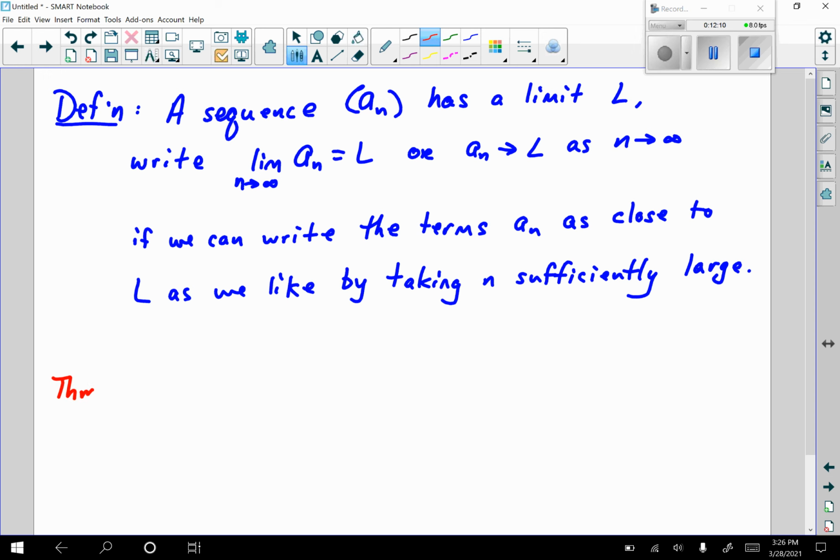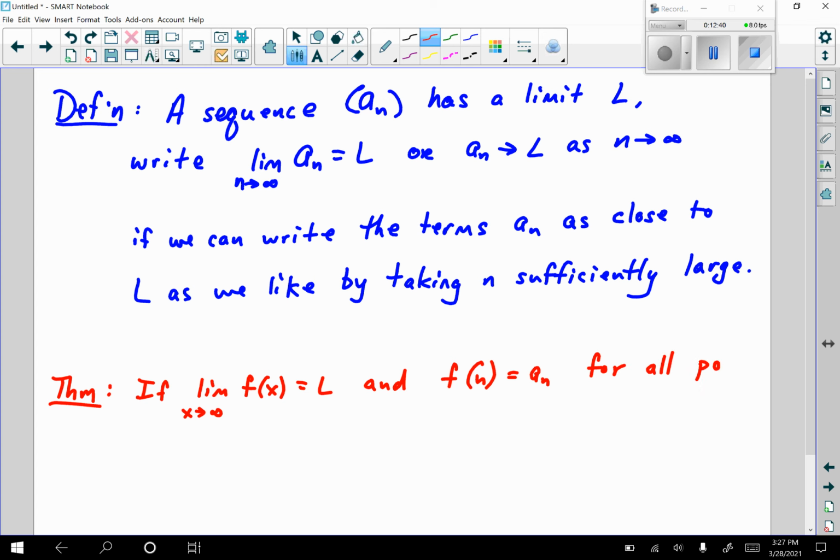So there's a theorem as well. We say if the limit of f of x as x approaches infinity is equal to L, and f of n is just going to be whatever term we're looking at for our sequence here, for all positive integers n, then this means the limit of a sub n as n approaches infinity is also equal to L. So it equates to the limit of our function.